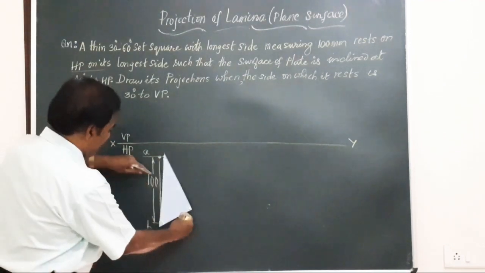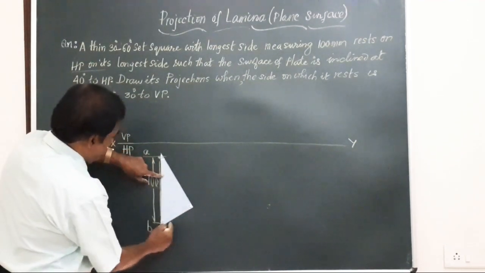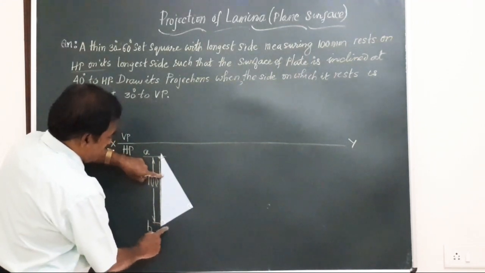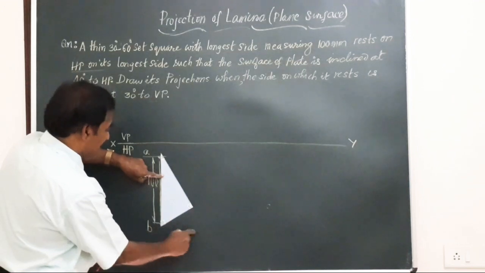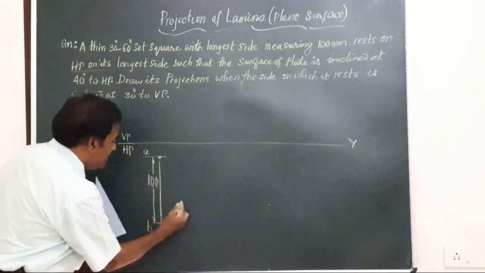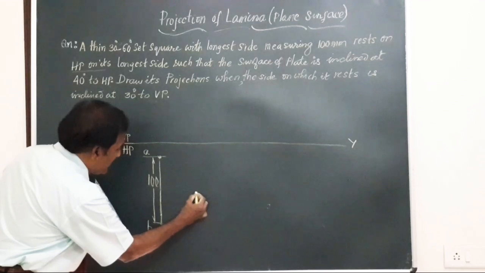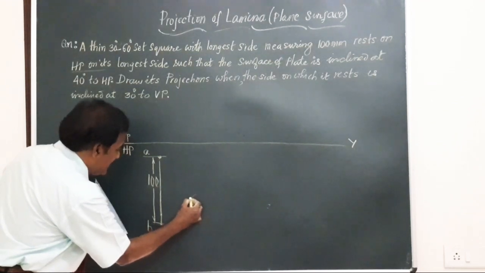And how to get this figure? See friends, at this point B, you draw a line at an angle of 60 degrees to the horizontal. So from here, I simply draw a line at random at an angle of 60 degrees.